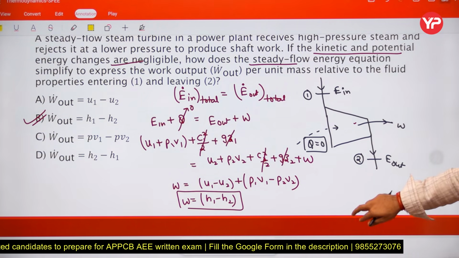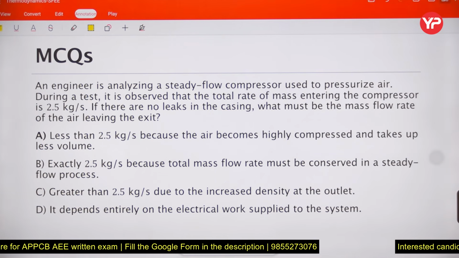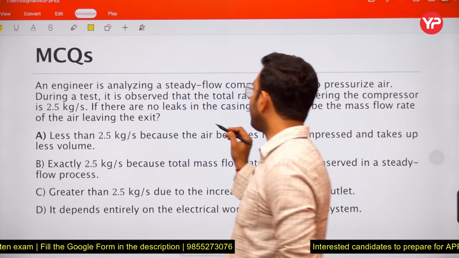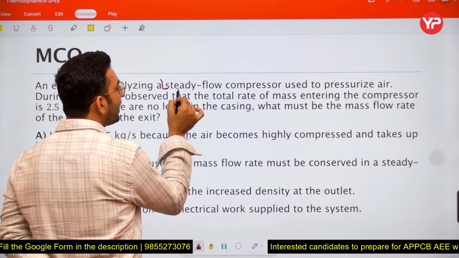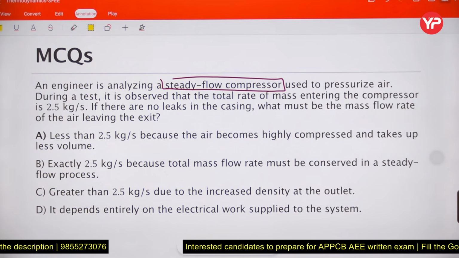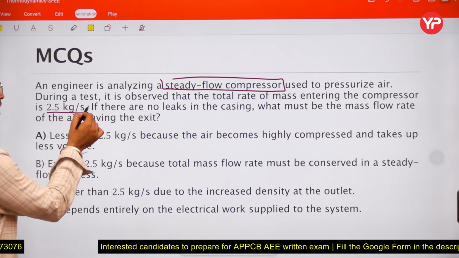Okay, now next part. An engineer is analyzing a steady flow compressor used to pressurize air. So we are analyzing a steady flow compressor here. During a test, it is observed that the total rate of mass entering the compressor is 2.5 kilogram per second.